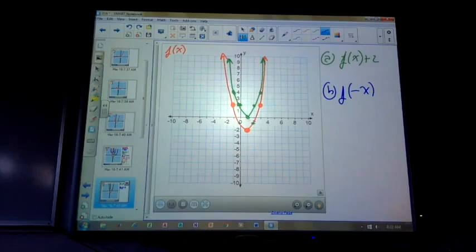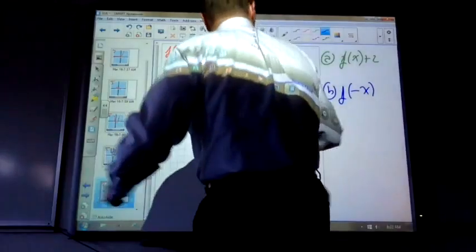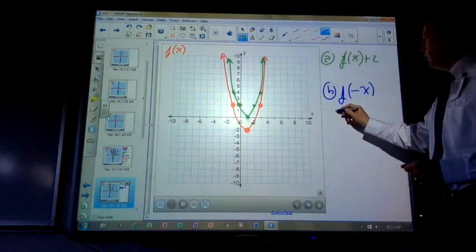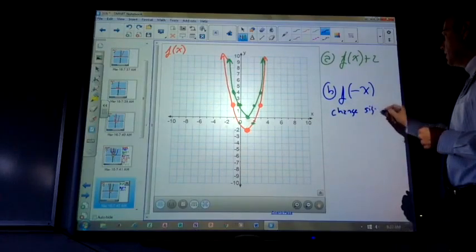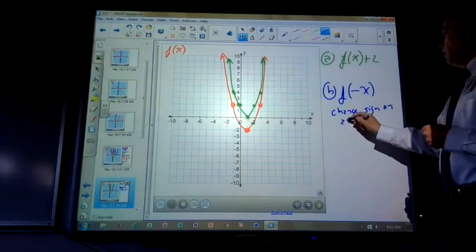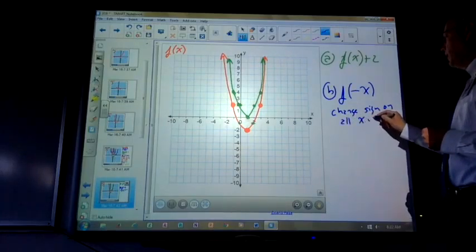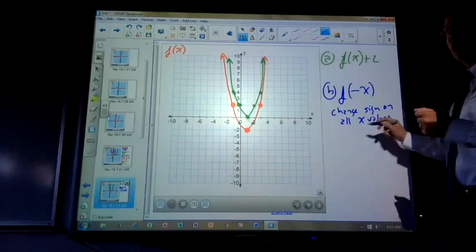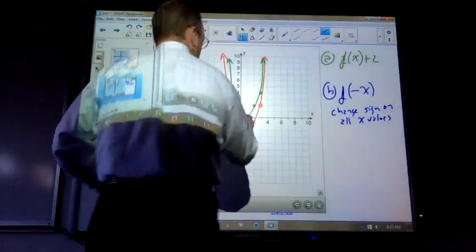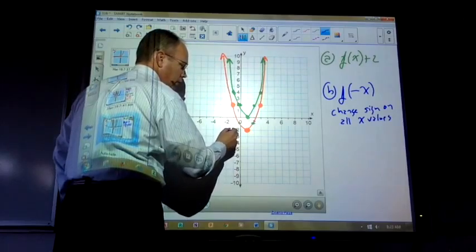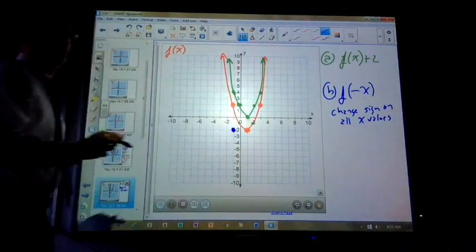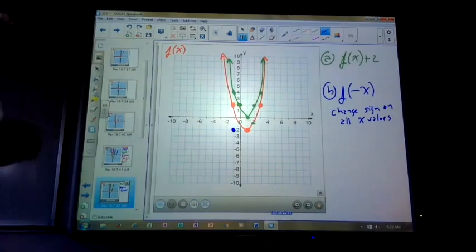But this one is actually going to change the sign on all x values. So if it's positive, it's going to be negative. So this point here, 1, -2, is now going to be -1, -2. It didn't shift the graph, it just changed it.